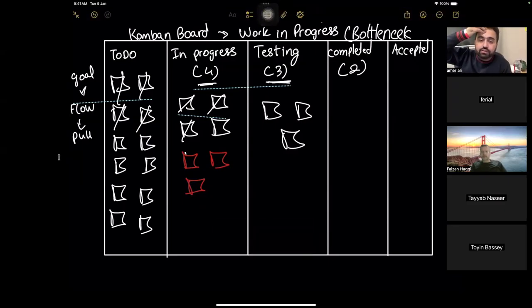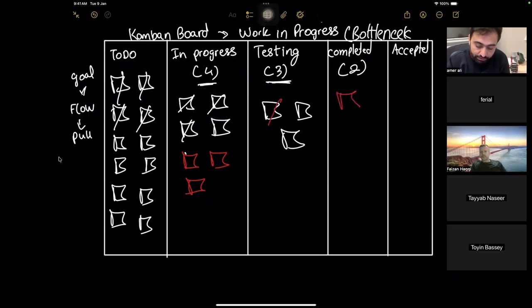Okay. Now let's say this is done, it goes there. This is done, it goes there. Now I can put 2 more user stories here if they are done. Okay, I can take more user stories here. 1, 2, 3.